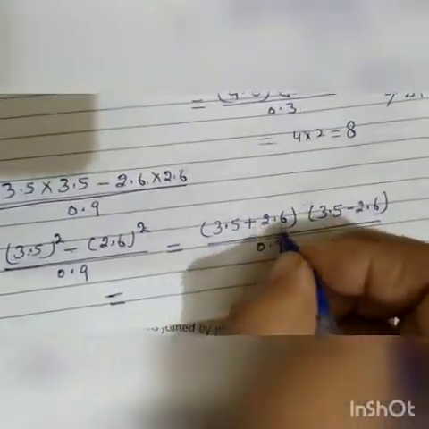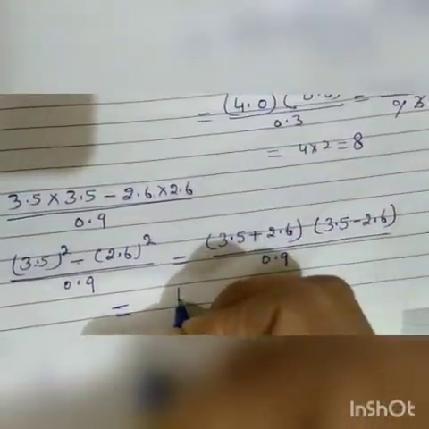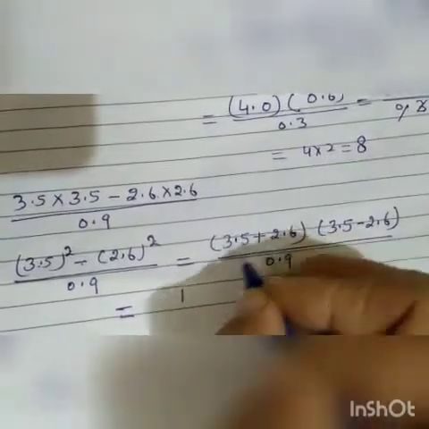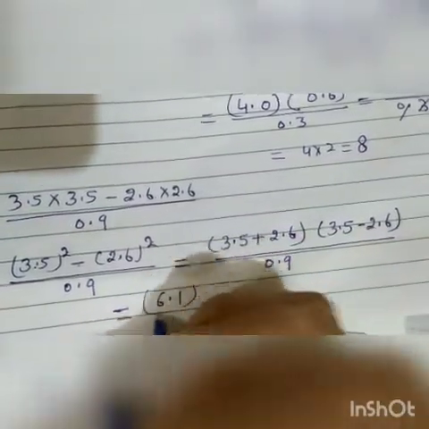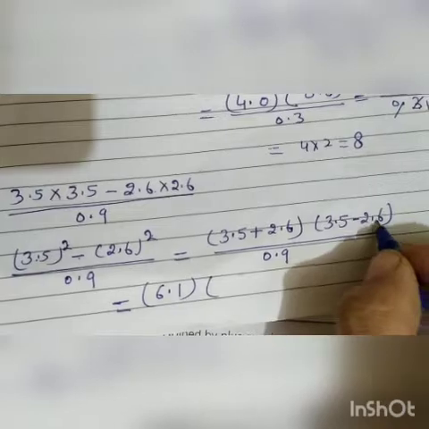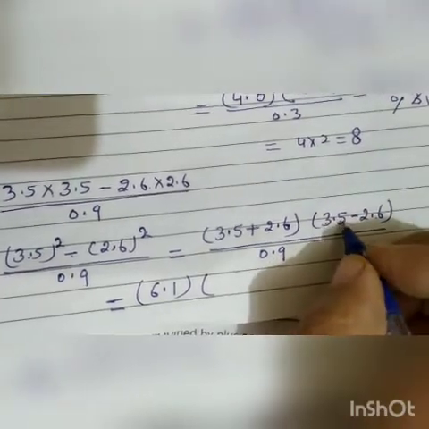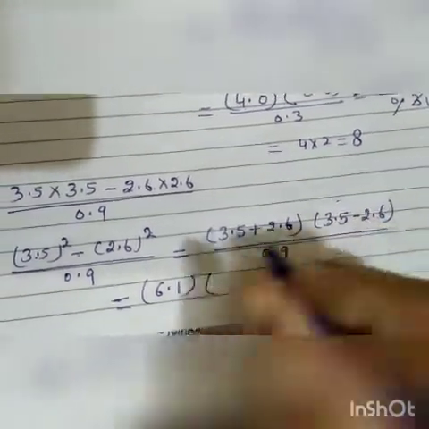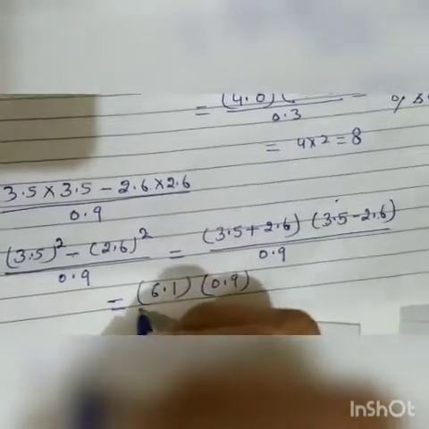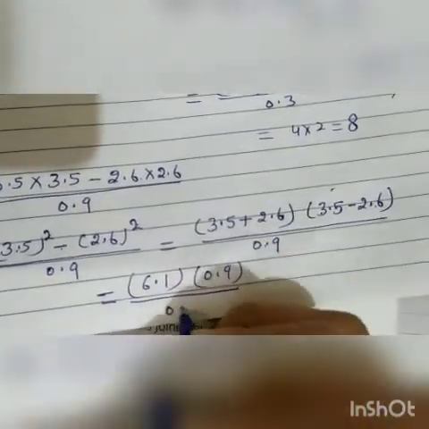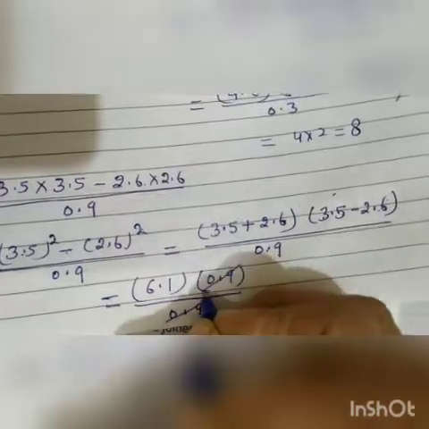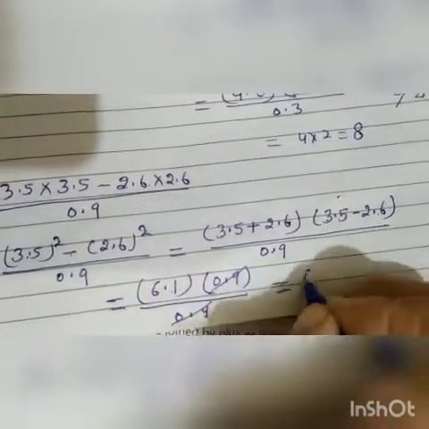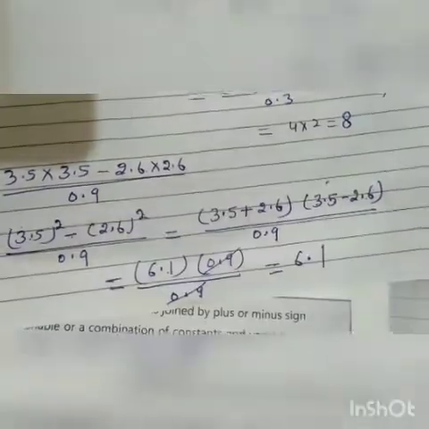Now add these two numbers. 6 and 5 is 11, carry 1. 1 and 3 is 4 and 2 is 6. 6.1, into subtract 2.6 from 3.5. It will be 15 minus 6 is 9. 0.9 upon this 0.9. Now 0.9 cancels. Our answer is 6.1.